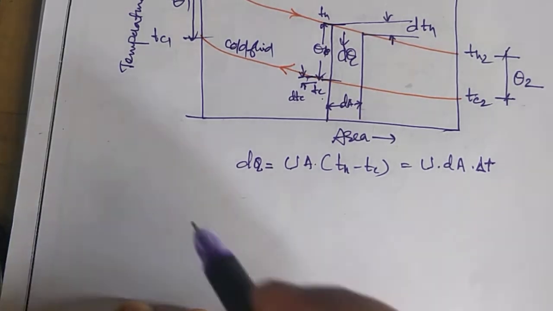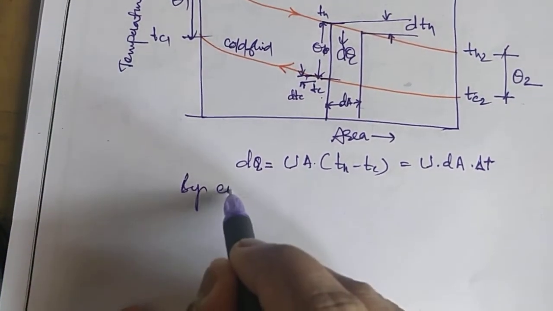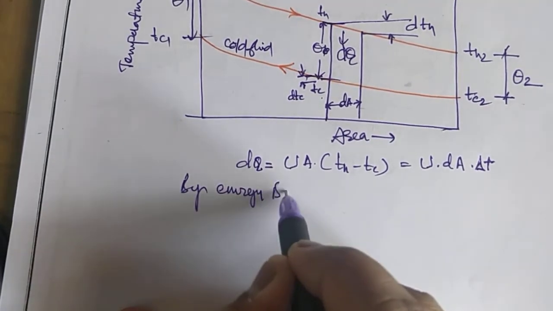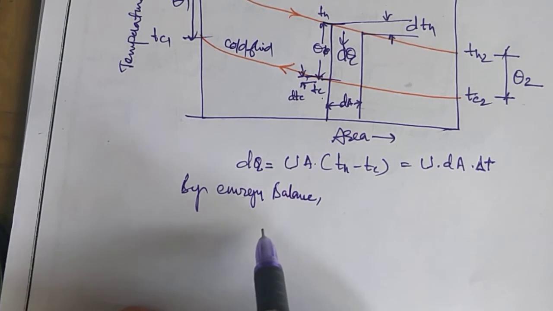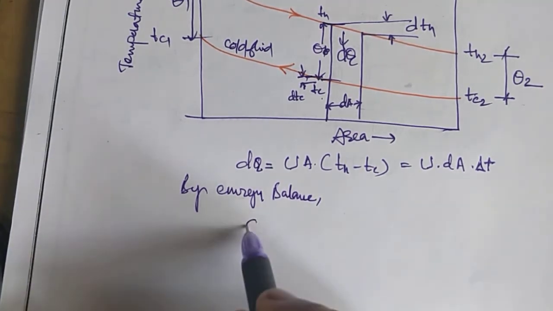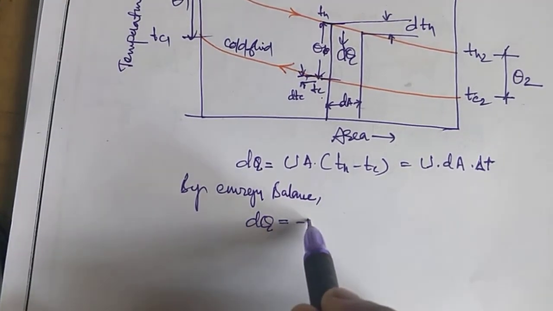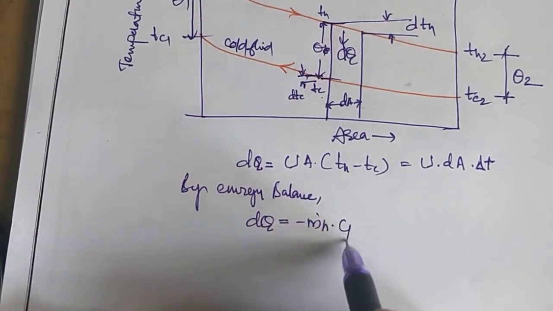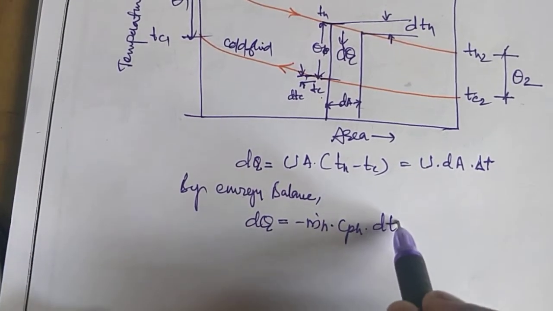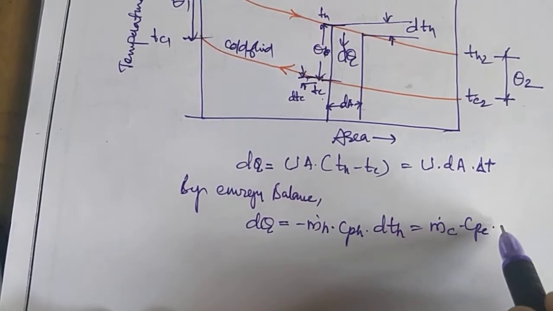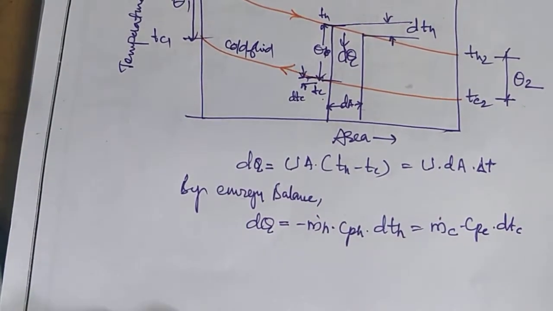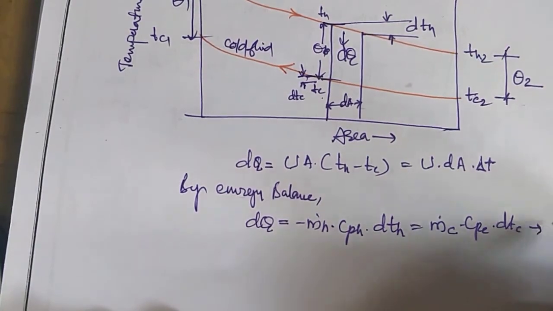By energy balance for dA, we can write dq is equal to minus mH CpH dTH is equal to mC CpC dTC.